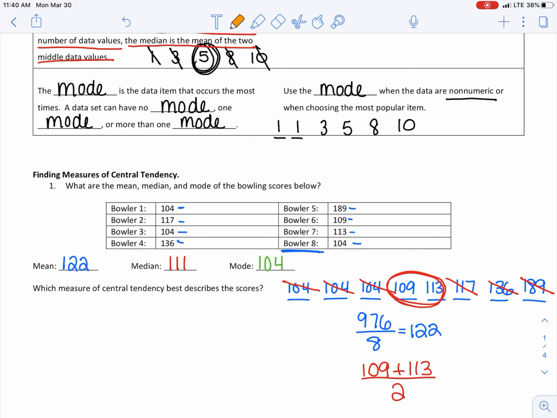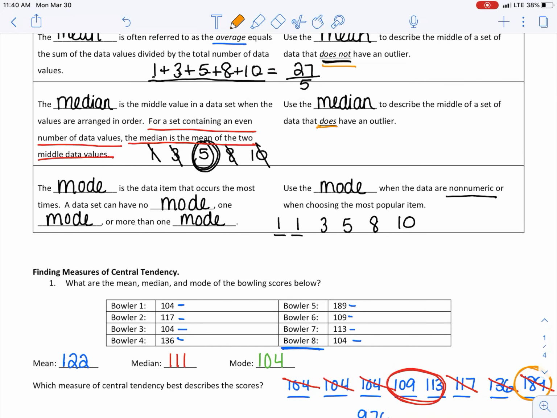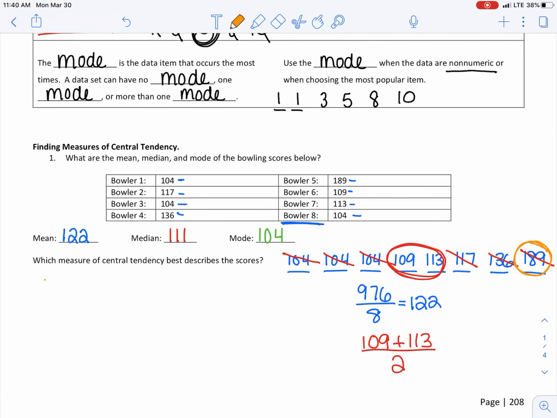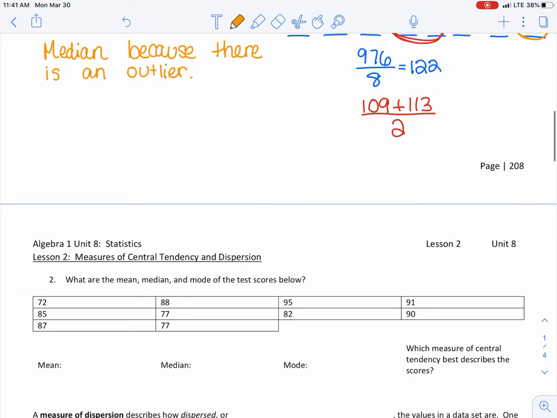If we look at the data, I would consider 189 to be an outlier because it's a lot larger than the other numbers. So since we do have an outlier, we're going to say that the median is the best measure of central tendency. I hope this is making sense.